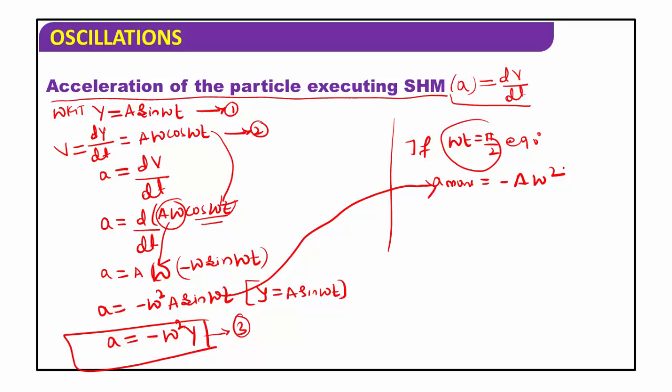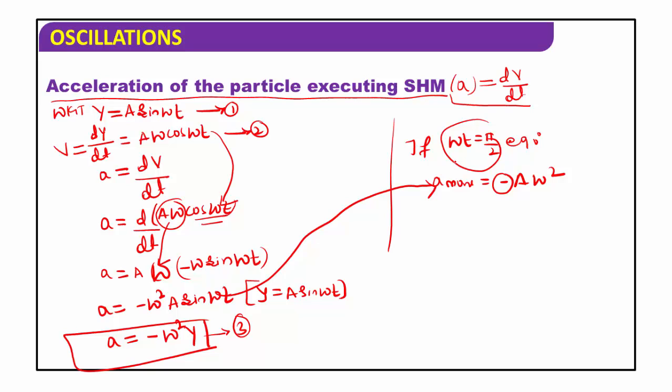Or you can write a is equal to minus omega square into y, where y is equal to a sin omega t.